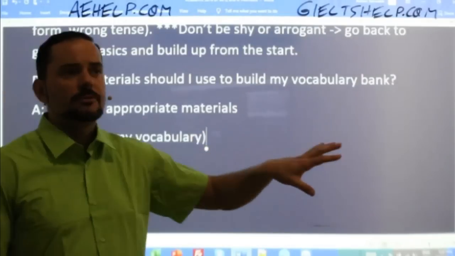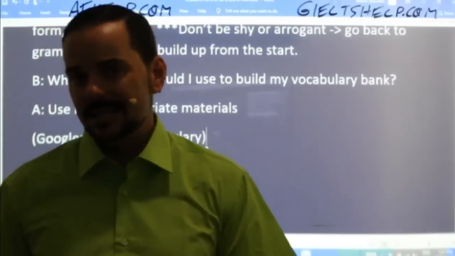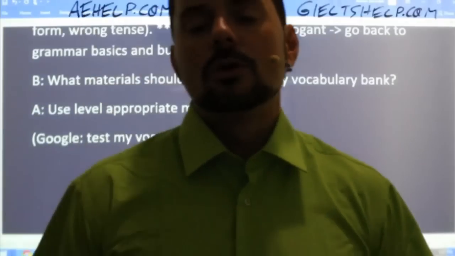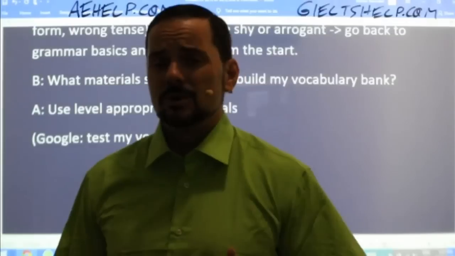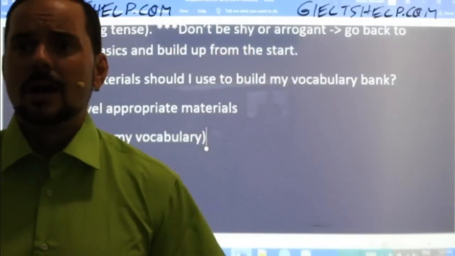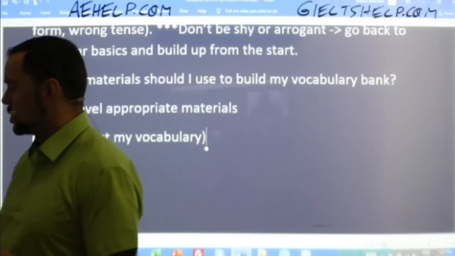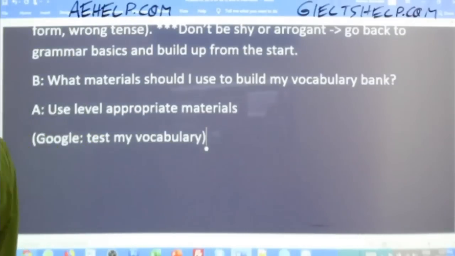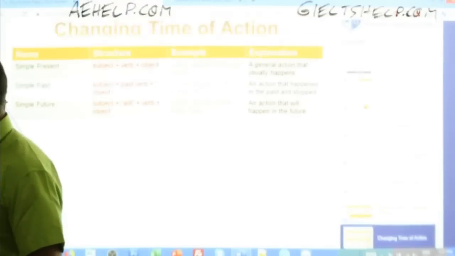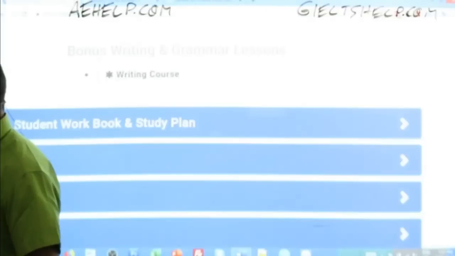Don't look for materials that are too easy, where you know a lot of the vocabulary, and don't look for materials that are too difficult, where there's so much new vocabulary that you don't understand what's going on.